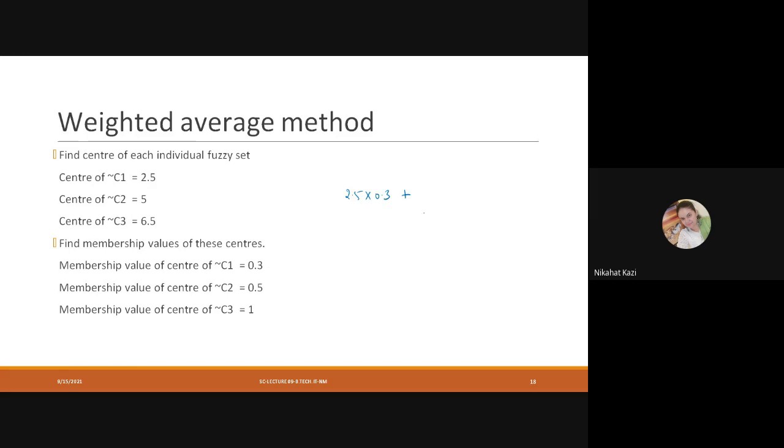2.5 into 0.3, 5 into 0.5 plus 6.5 into 1, divided by what? The membership values of the centers. Okay. So 0.3 plus 0.5 plus 1, the membership values of the centers. So this is the defuzzified value by weighted average.